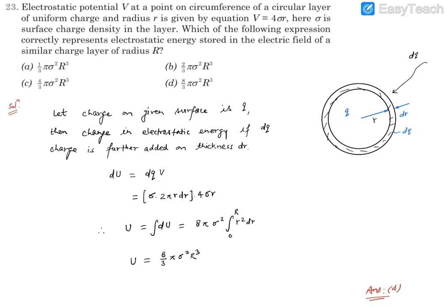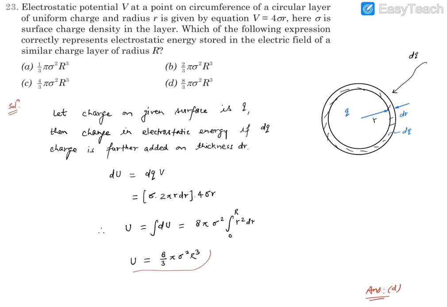Some constant terms can be taken out, like 4 into 2, that is 8 pi sigma squared, and the integration is of r squared dr, with limits from 0 to capital R. The integral of r squared becomes capital R cubed by 3. So the overall answer will become 8 by 3 pi sigma squared R cubed.